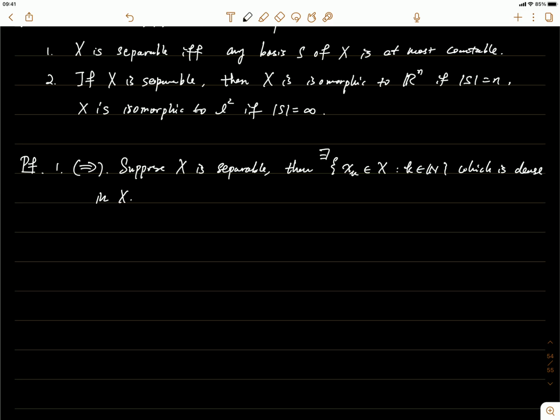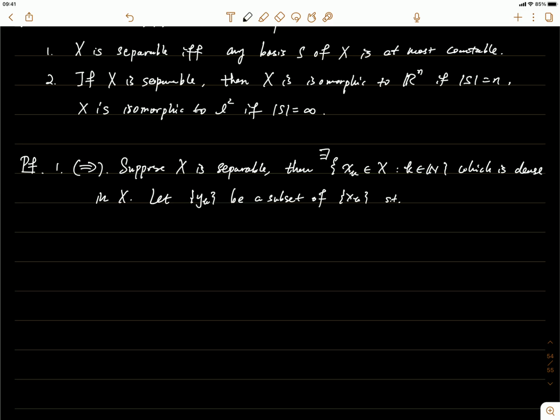And now from this, we can extract a linearly independent set. How do I get this subset? We just go through all these x_i.